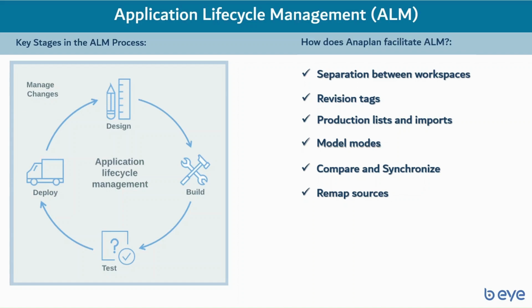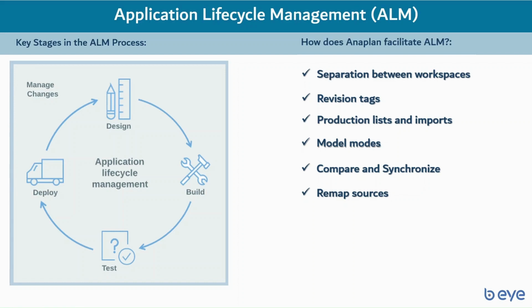Let's now discuss how exactly Anaplan facilitates each stage of ALM. First, ALM-related tasks are separated between different workspaces for development, testing, and production models. Second, the latest state of a development model is regularly captured by adding revision tags.